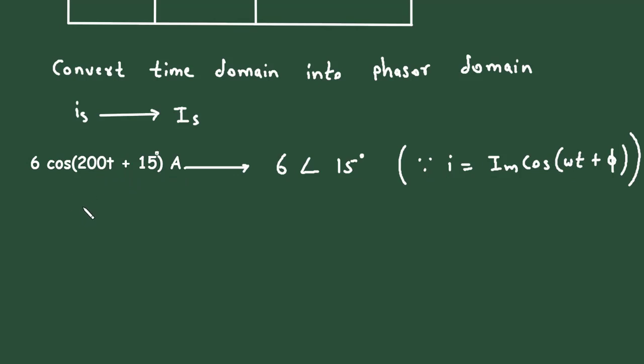So here the value of omega is equal to 200 radian per second, phi value is 15 degree and Im value is 6. Again its unit will be ampere.